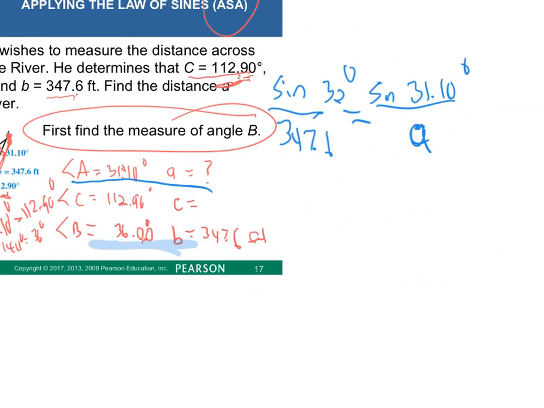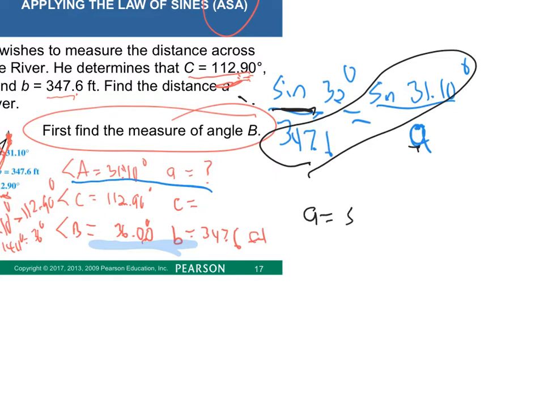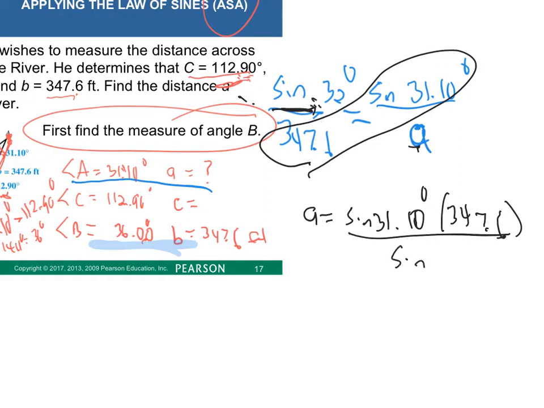Again, these two get multiplied together. That's going to move up to the left, so we're going to divide by this one. So A will be sine of 31.10 degrees times 347.6, all divided by sine of 32 degrees.